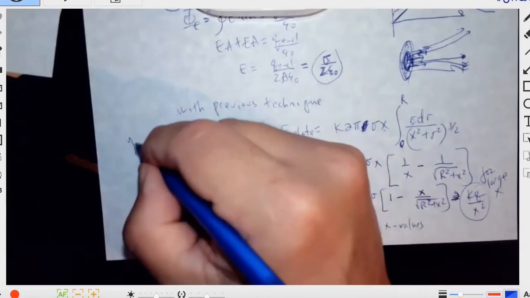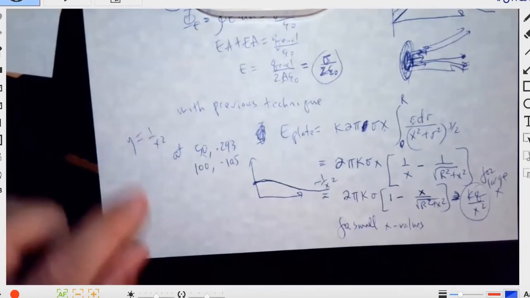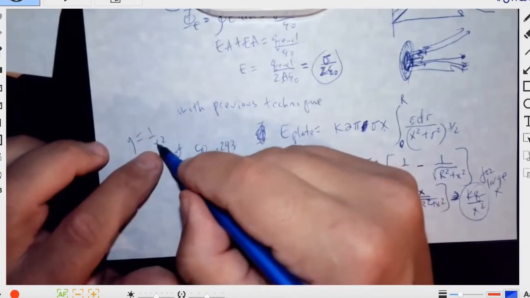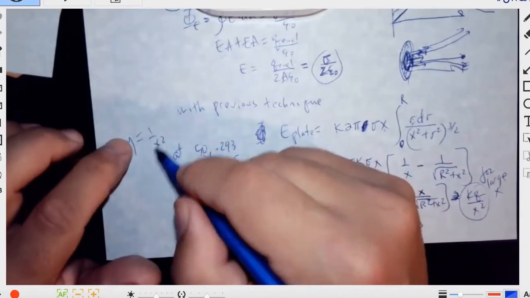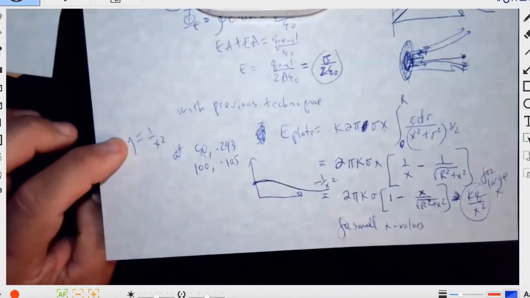Any function which is already behaving as a 1 over x squared, if you double this distance, what should happen to the y? No answer?